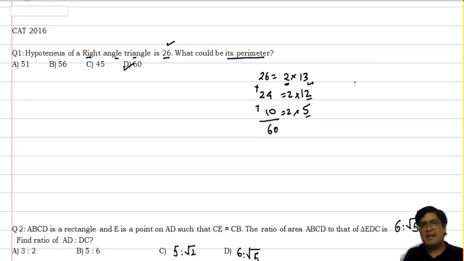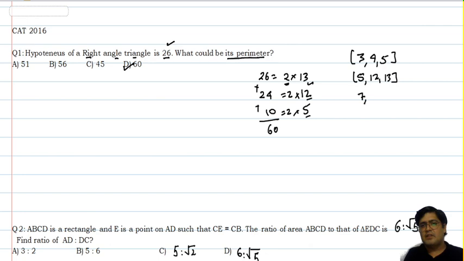So this question hinges on your ability to recall Pythagorean triplets. For your benefit, I'll cover 4 to 5 triplets that are very common in CAT. The simplest one to remember is 3, 4, 5, the most commonly used triplet. Then we have 5, 12, 13, the one that I used right now.